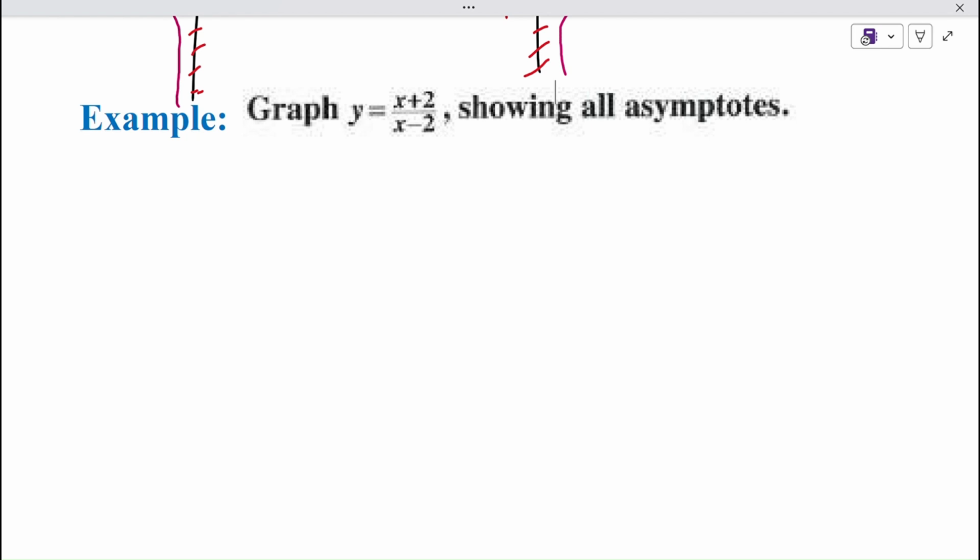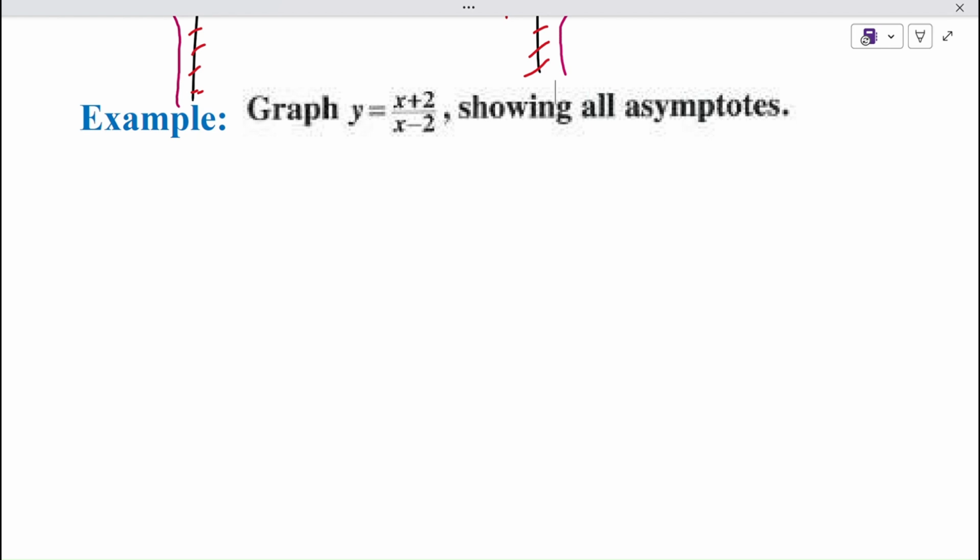It means horizontal asymptotes, then vertical asymptotes. The second time you have to take some points, then put them in the original function. Then you can draw the graph for this function.